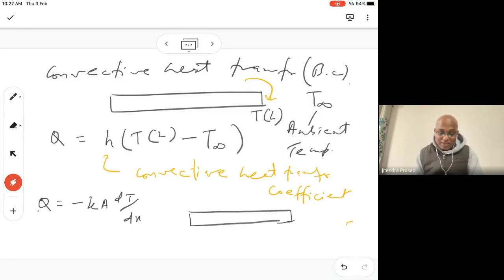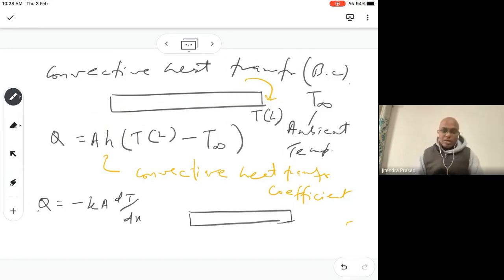Similarly, in the case of the convective heat transfer coefficient, it will be the same way. If it is in terms of per unit area, then you multiply it by area. If it is given as absolute, then you don't. But typically you have to multiply it with area, the way we did for conductivity as well.